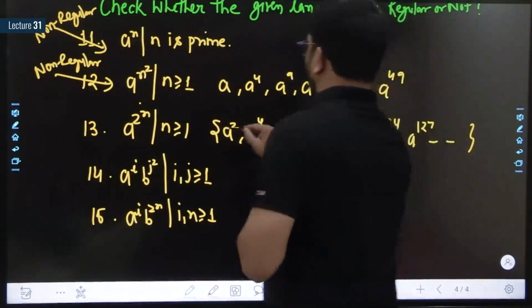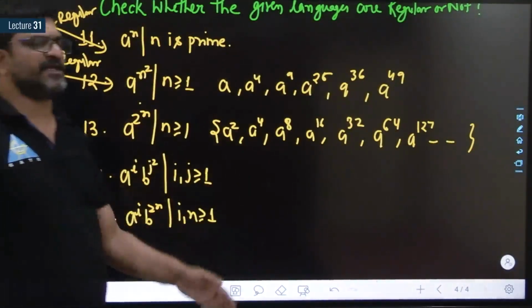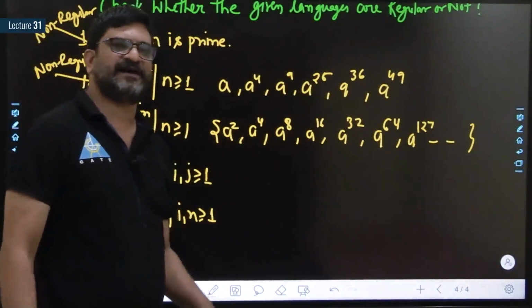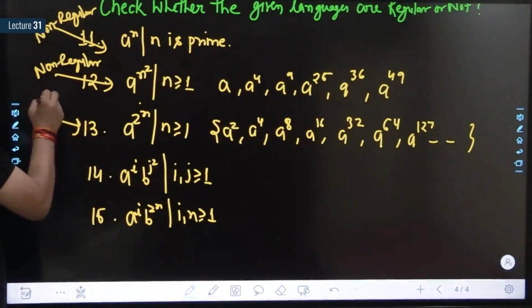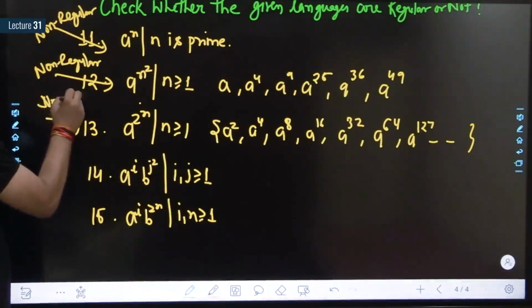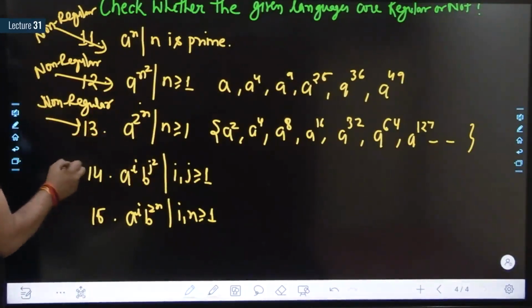There is no common pattern between the number of a's. That's why we cannot make the loop in finite automata. That's why this is also non-regular. Clear? Now check the next one.